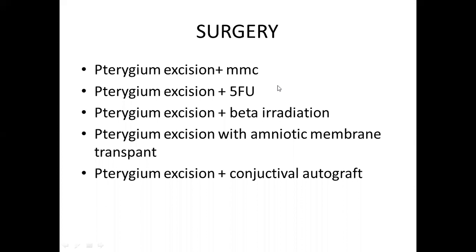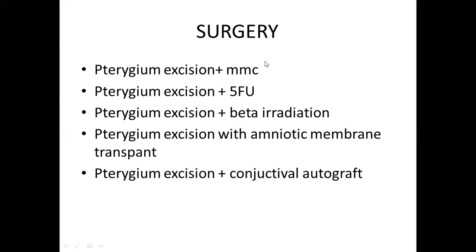You can also do what we call pterygium excision and conjunctiva autograft. What this simply means is that from the part you removed your pterygium from, you remove part of the healthy conjunctiva on the same eye and plaster it to the place you removed your pterygium from, either using sutures or glue, T-cell glue.